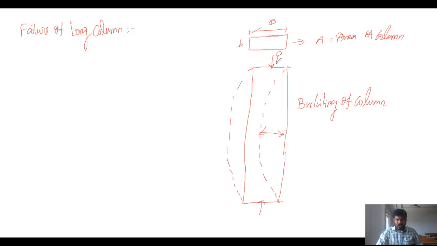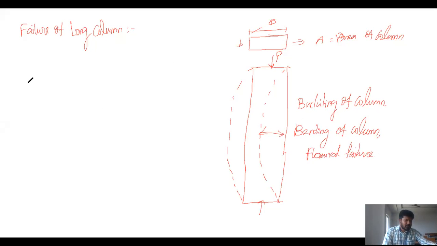So that is called the buckling of column. Then automatically it is failed by buckling. So buckling is nothing but bending of column going to happen. So because of bending, this is nothing but flexural failure.